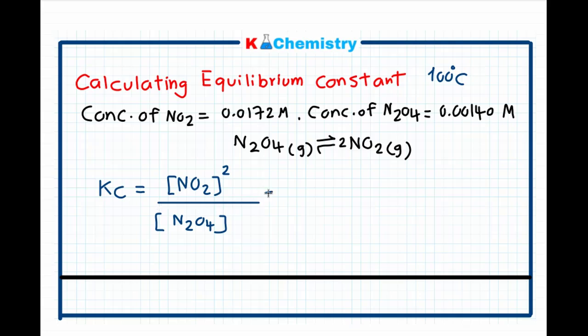Then we will put the concentrations that we found at the equilibrium. So the concentration of NO₂ is 0.0172, and this has to be squared since it is squared here.